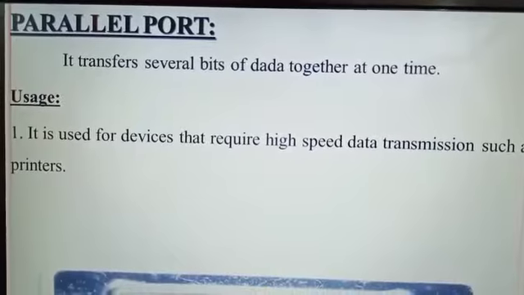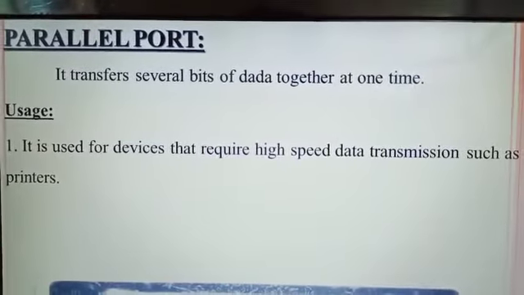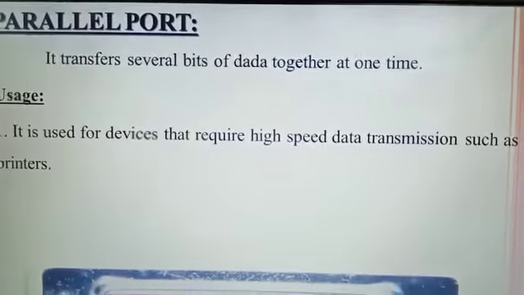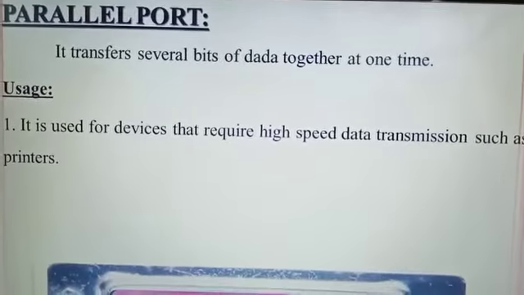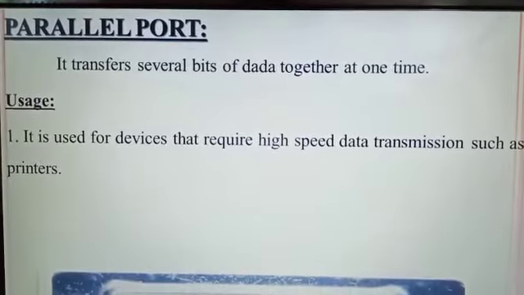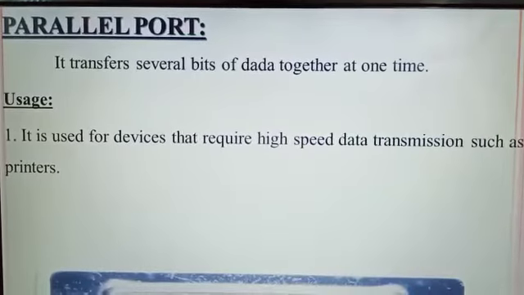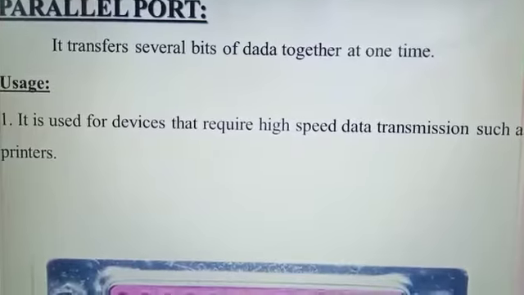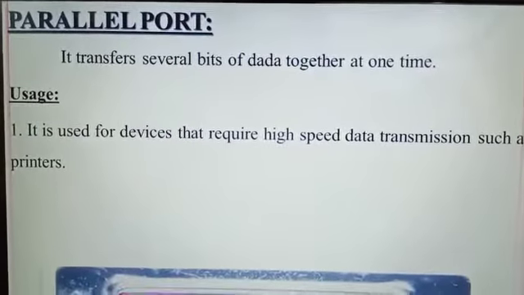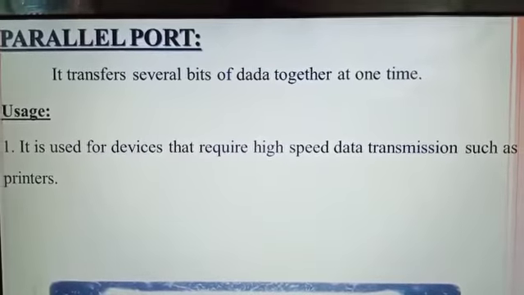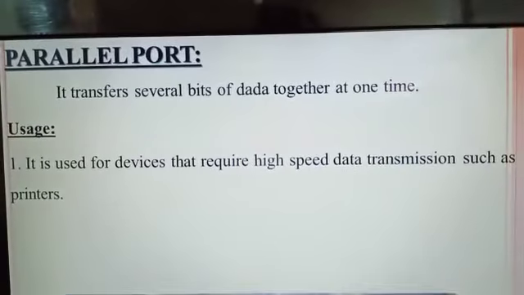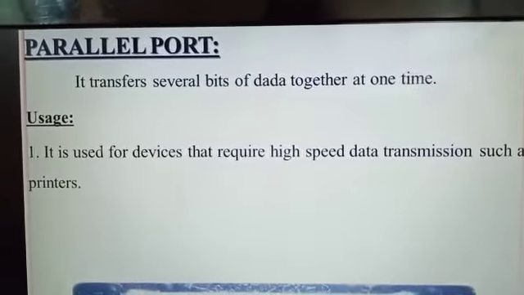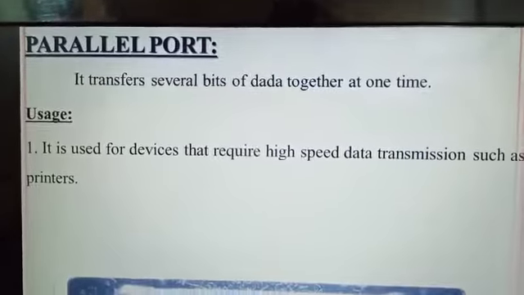We can select a bulk of pages and give them to the printer, and it automatically takes them very fast, one by one, and completes. We need not give one page at a time. You select the page numbers, from 1 to 20 or 1 to 30, give the command to print, and it takes all the pages. That's why it is used for devices that require high-speed data transmission, such as printers.